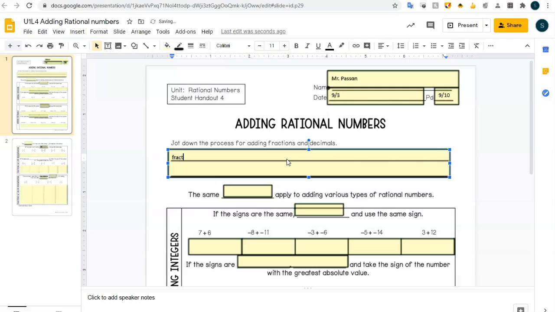So jot down the process for adding fractions and decimals. So for fractions, we find equivalent fractions with the same denominator and add the numerators.